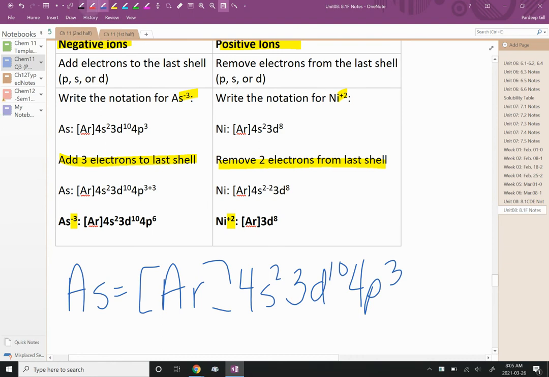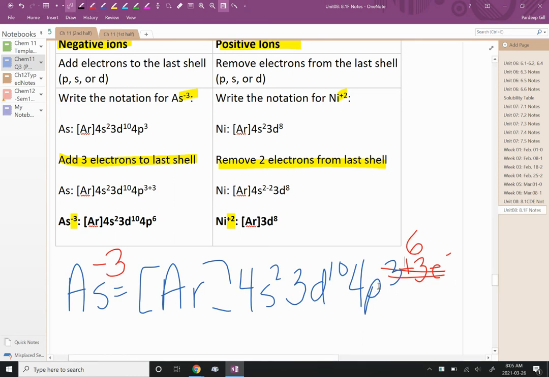So what we have to do is we have to remove 3 electrons from that outer shell. No, sorry, we have to add 3 electrons because we're making it more negative. So when we add those 3 electrons, we're going to give this a -3 charge because we've added 3 negatives. And then we can rewrite this as p6.